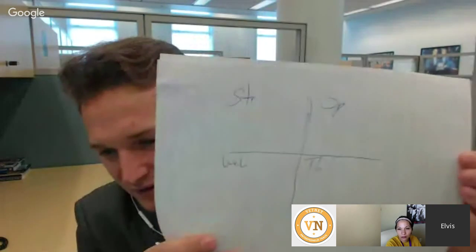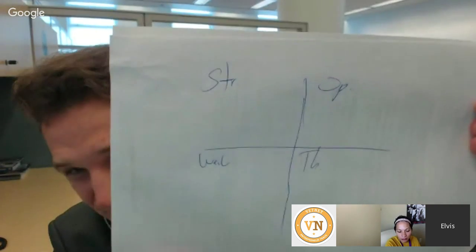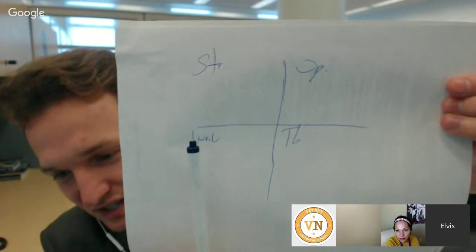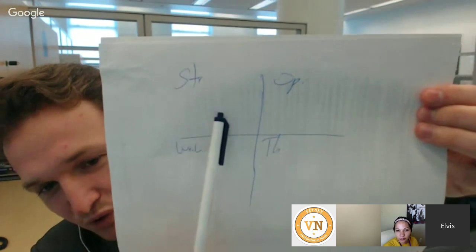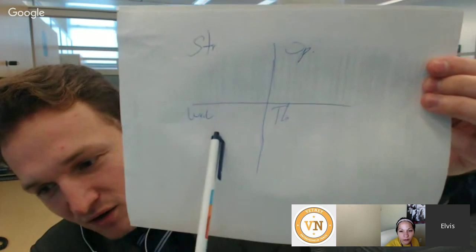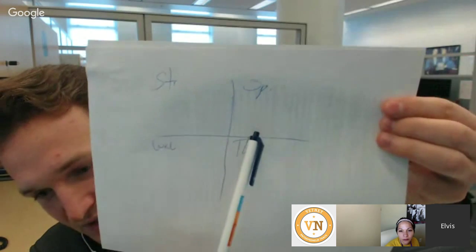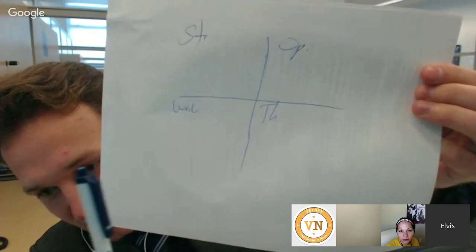I hope you can see it. So you can make a chart like this and list as bullet points all the strengths of the competitor, all the weaknesses, the opportunities they have, and the threats they are afraid of.